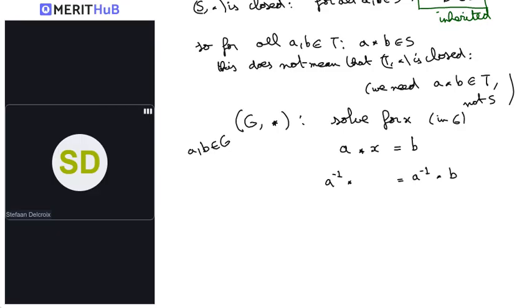That only makes sense if you have inverses. I need to use my parentheses here, because if I don't write parentheses, then this doesn't make sense. I don't know how to operate or multiply three things together.